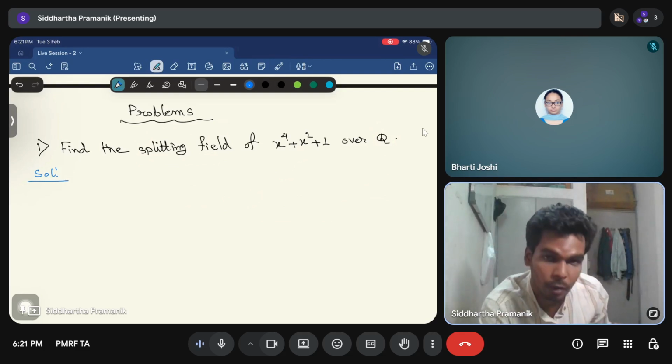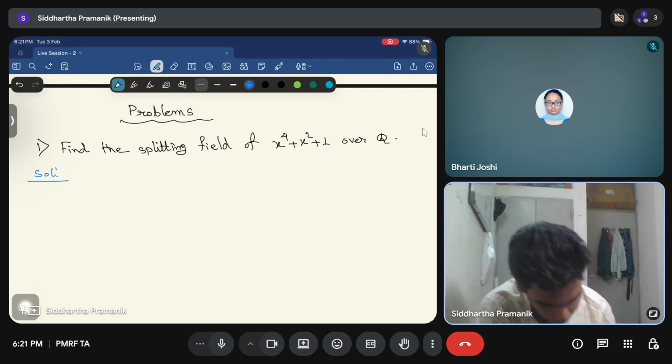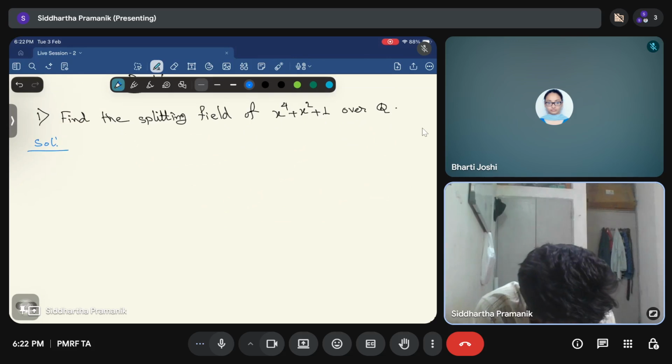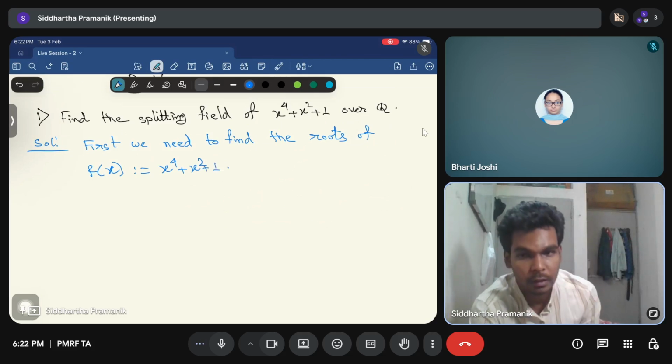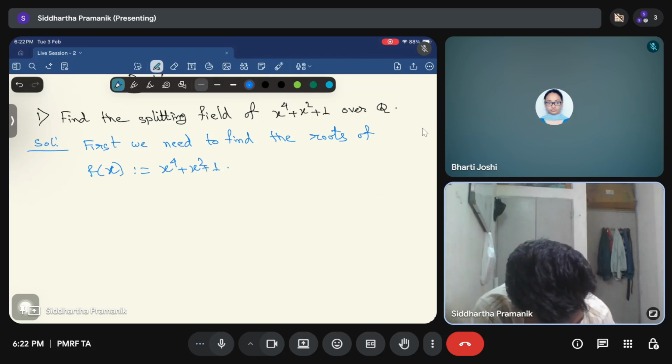So how to find the roots? First we need to find the roots of, let's say, f(x) = x^4 + x^2 + 1. Let's see how to find the roots of this.